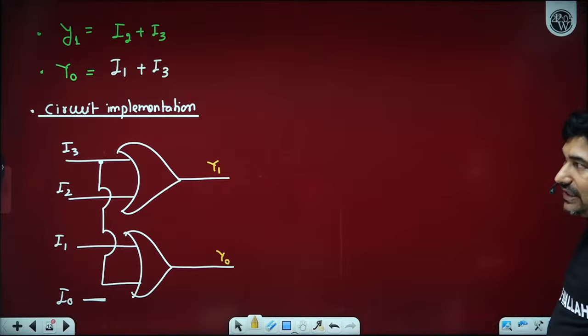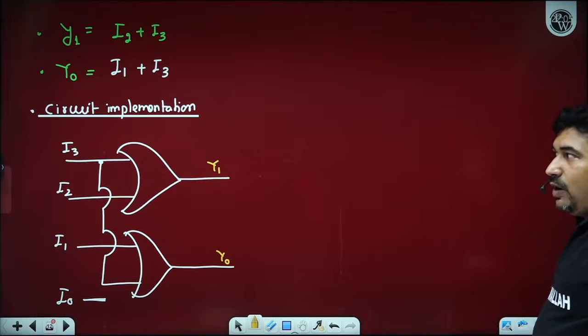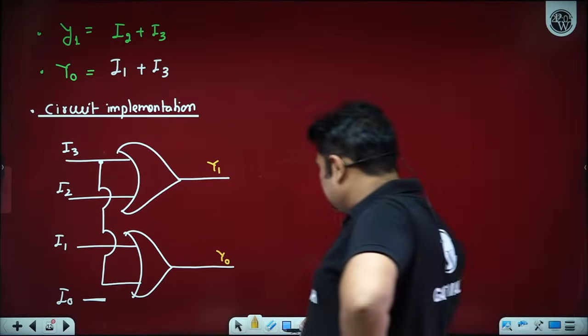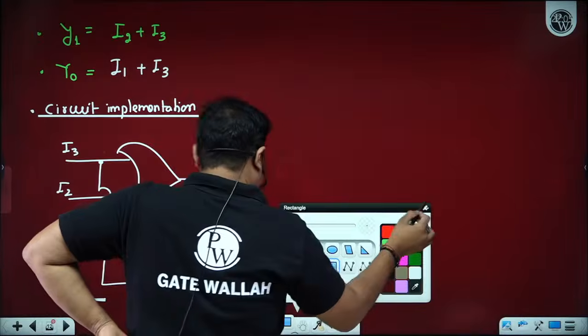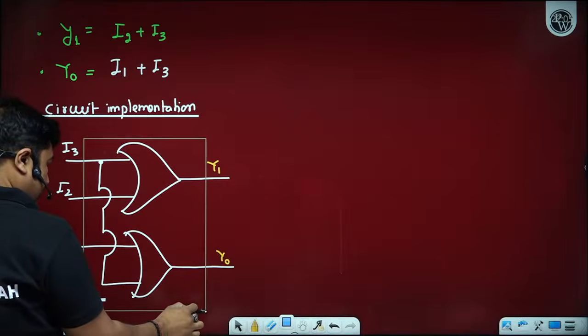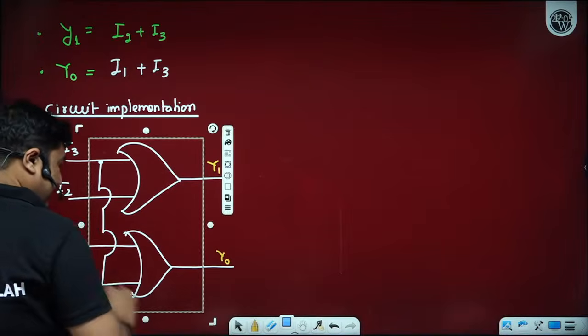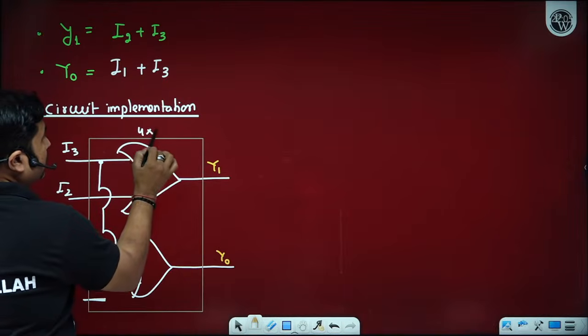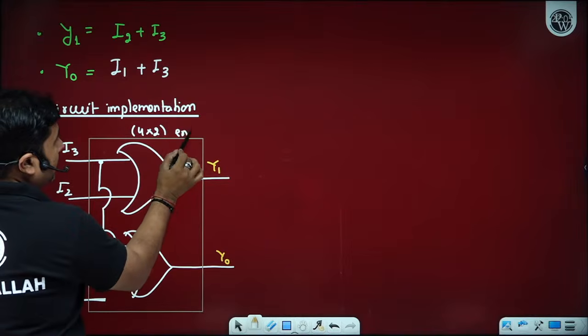So in case I3 is high or I2 is high, Y1 will become high. Y0 will become high only when either I1 is high or I3 is high. How many of you able to understand up to this part, beta ji? So this is your 4x2 encoder.